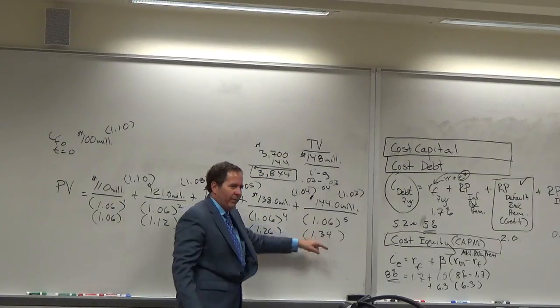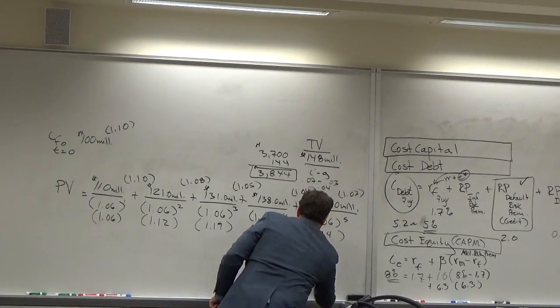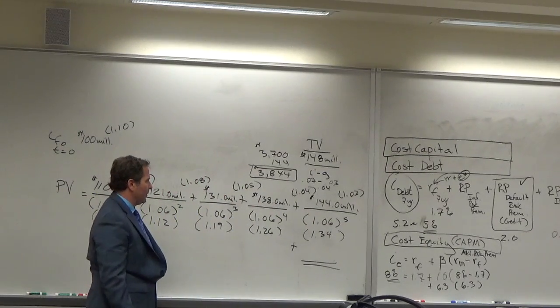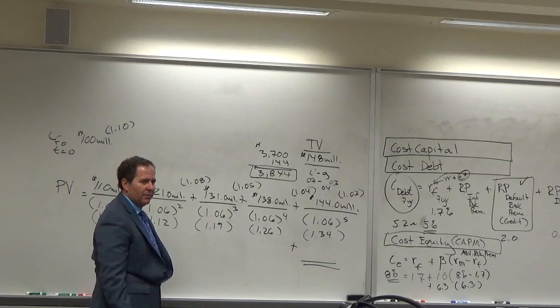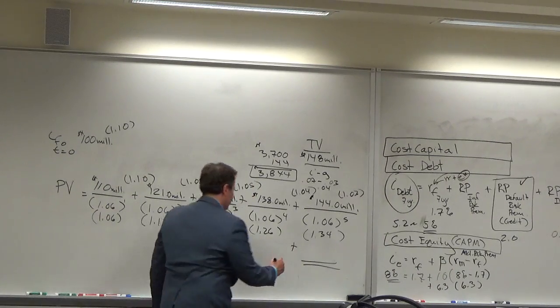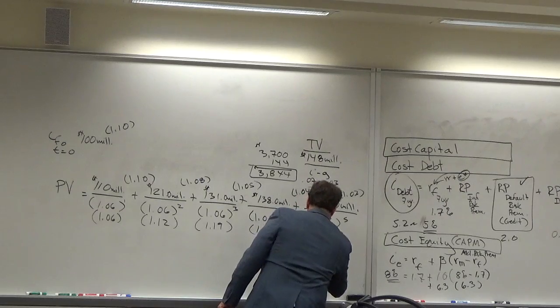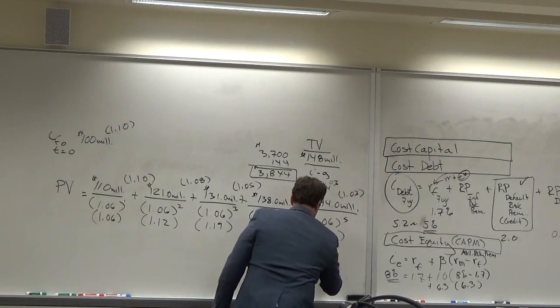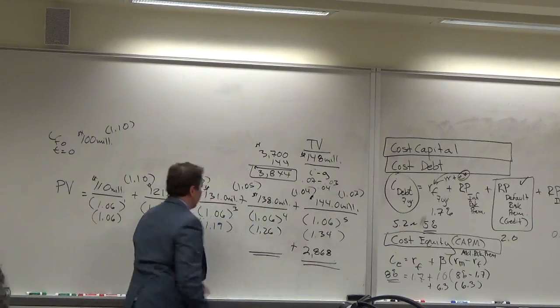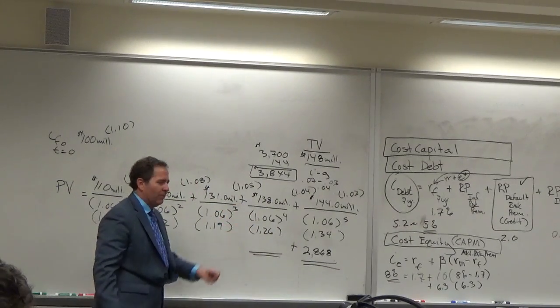What's 3.844 divided by 1.34? So it's 3,844,000,000 divided by 1.34. 2868. Okay, and then what is 138 million divided by 1.26?